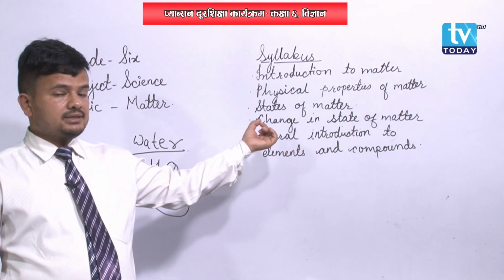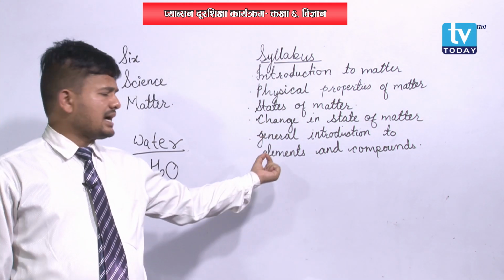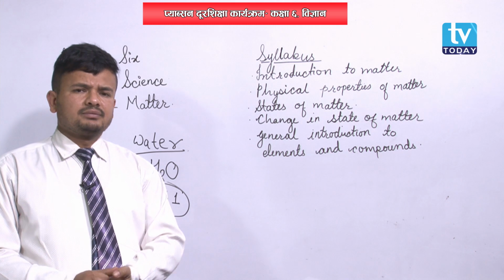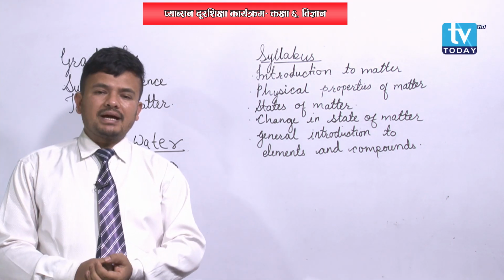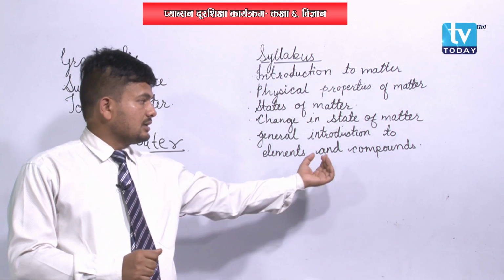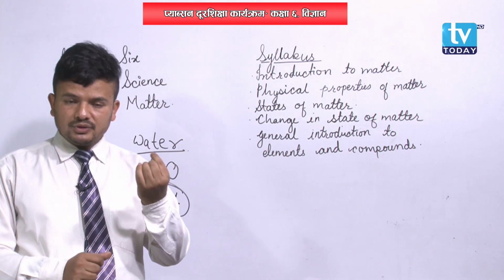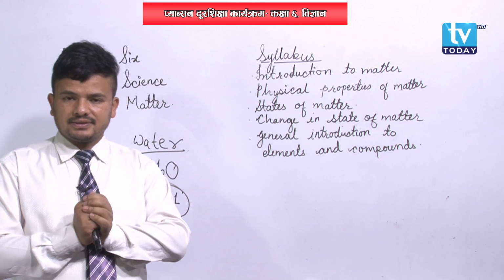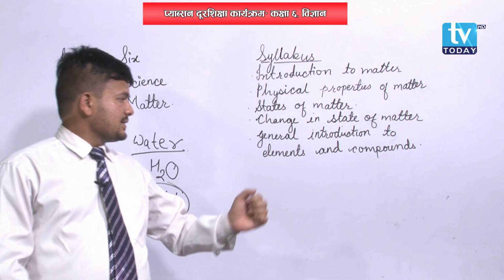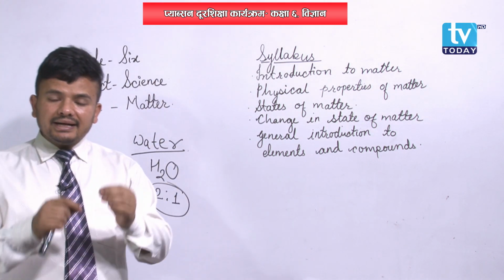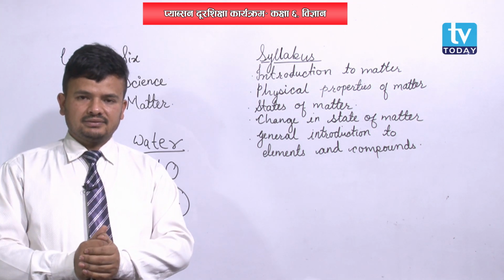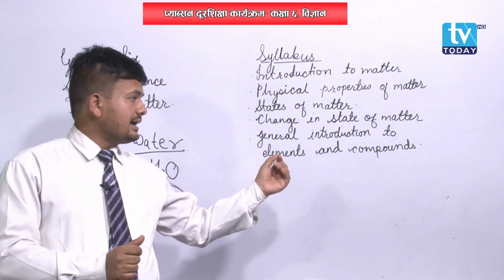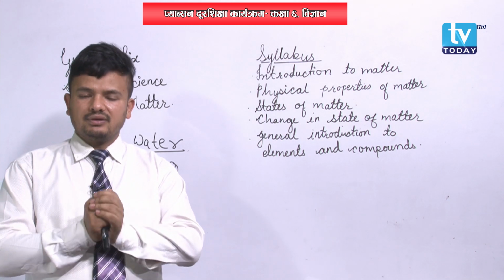So what you can see there: elements are pure substances formed by the same type of atoms. Compounds are also pure substances formed by the same type of molecules. Next, there are 118 elements, but there are infinite numbers of compounds.